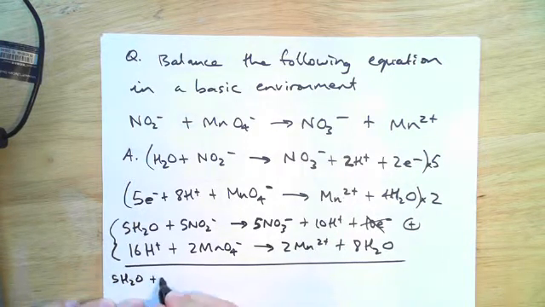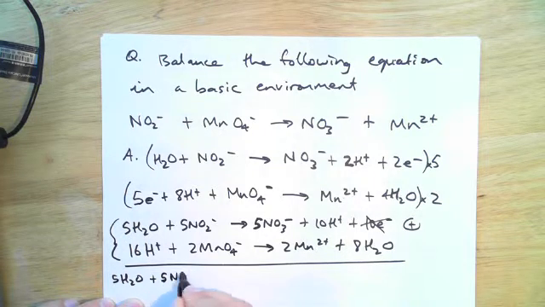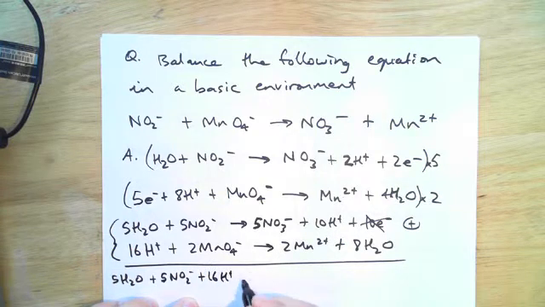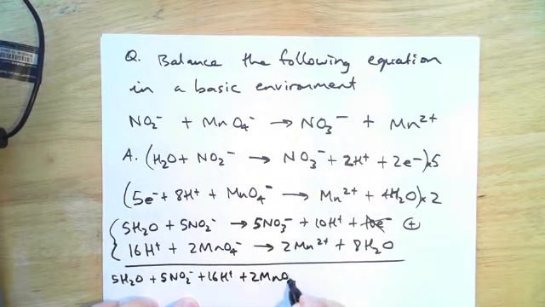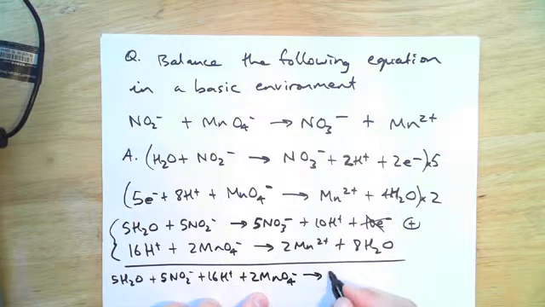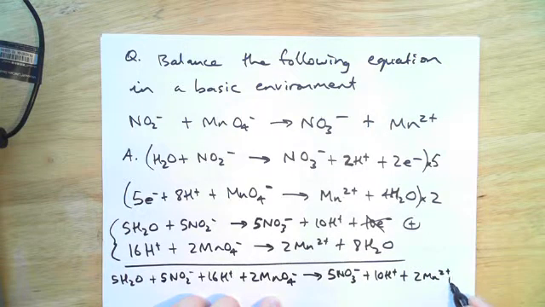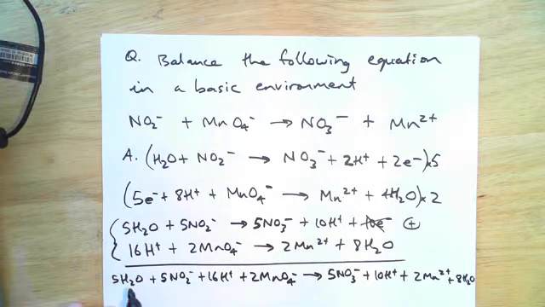So I'd have my 5 H2Os plus my 5 NO2 minuses plus 16 H plus 2 permanganates going to the 5 nitrates plus the 10 H pluses plus 2 Mn2 pluses plus 8 H2O. Okay, so just fit that in. So cleaning it up, like I said, there's really 3 H2Os overall. Okay, there's 10 H pluses here, so I might start with that.